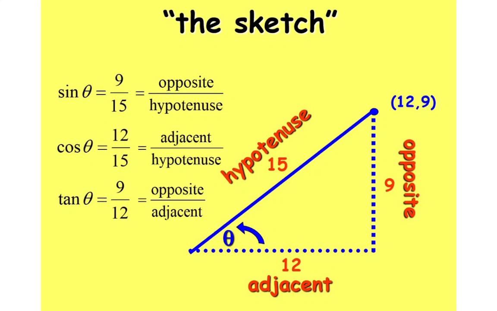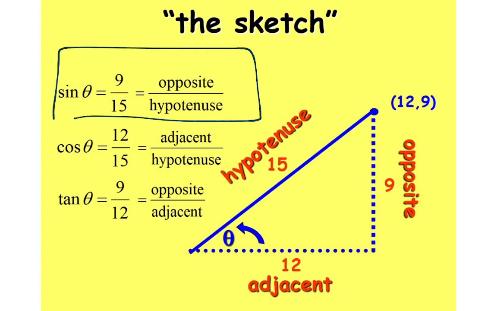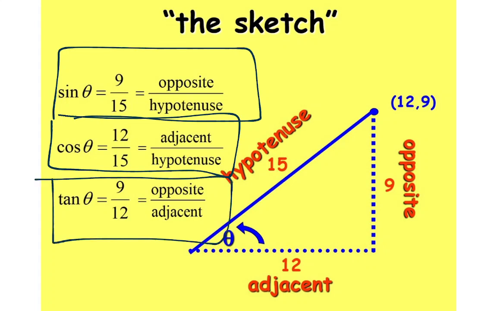Now, these definitions would be a great thing to now jot down. If you haven't written anything down yet, you may want to start with the definition of sine being opposite over hypotenuse, cosine being adjacent over hypotenuse, and tangent being opposite over adjacent.